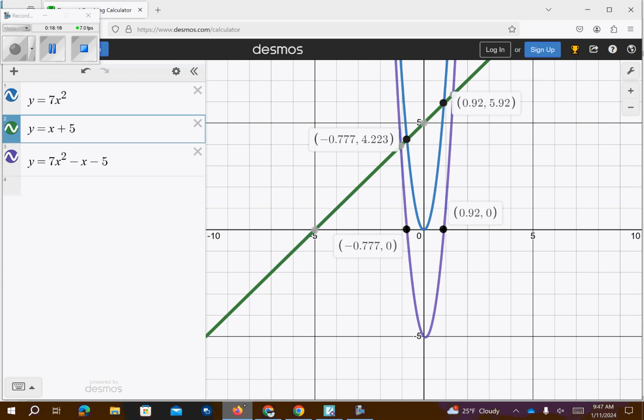But for all of the rest of those problems, if you graph the left side as one equation and the right side as the other equation on Desmos, and you figure out where they cross each other, the x value of the points where they cross would be your solution. And my friends, it's totally fine if you leave this as negative 0.777 and this as 0.92. I'm not worried about you converting it back to fractions. I was showing the fractions to show you on the factoring how it would work.